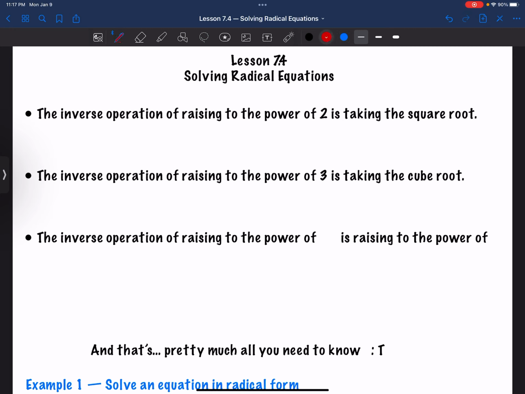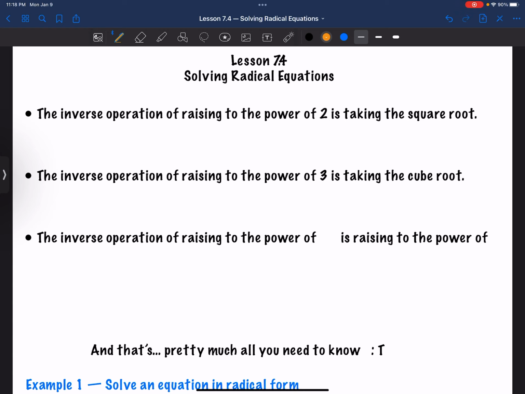So let me get my little gold here. Where's my gold? Okay. So I'm going to review some basic things you probably already know before watching this video, and that is the inverse operation of raising to the power of 2, taking an exponent of 2, is taking the square root. We already know that, though, don't we?